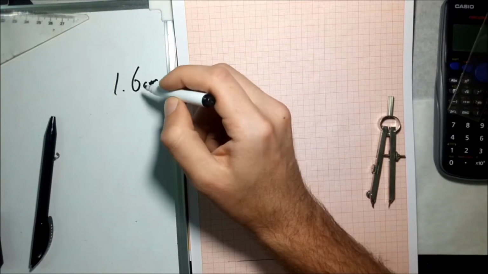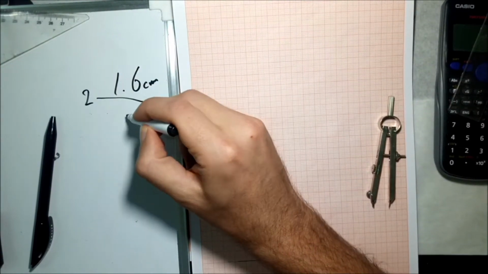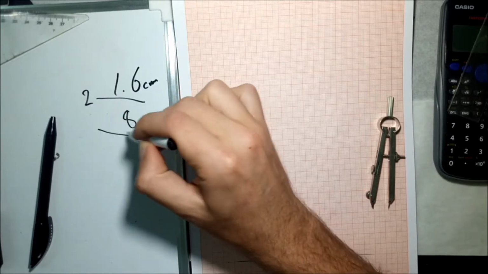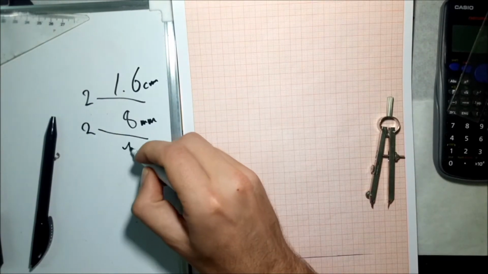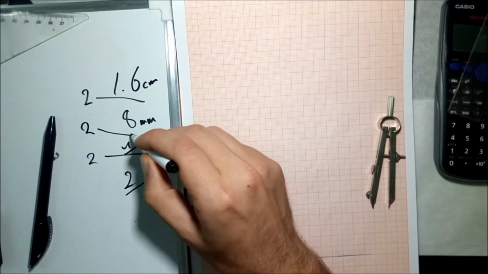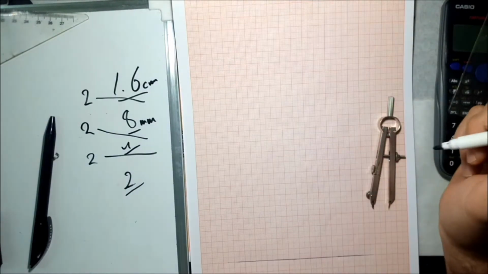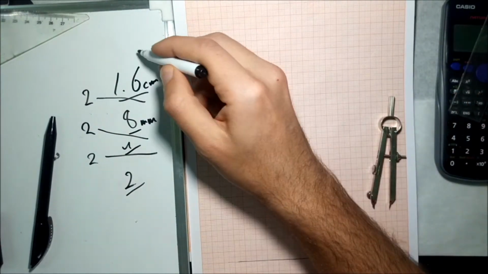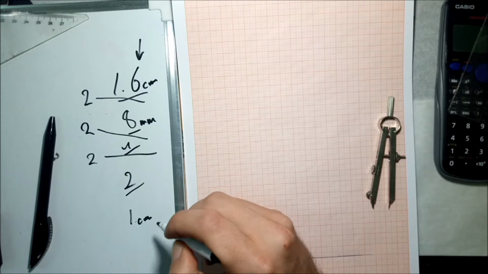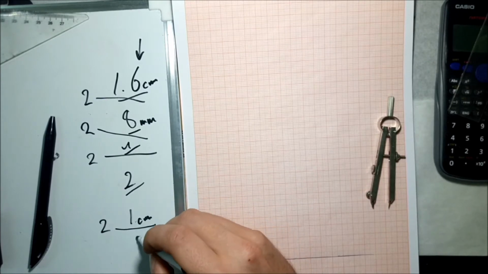This is because when you divide this by 2, it will give you 8 millimeters. If you divide this by 2, it will give you 4, and by 2 it will give you 2. So you've got normal numbers in millimeters. Because if you take, for example, 1 centimeter and divide that by 2, it will give you 5.